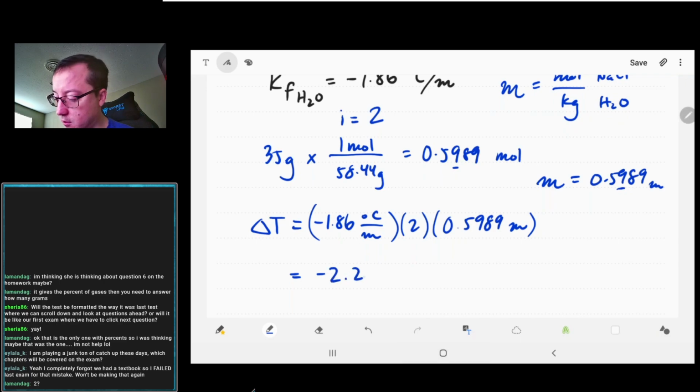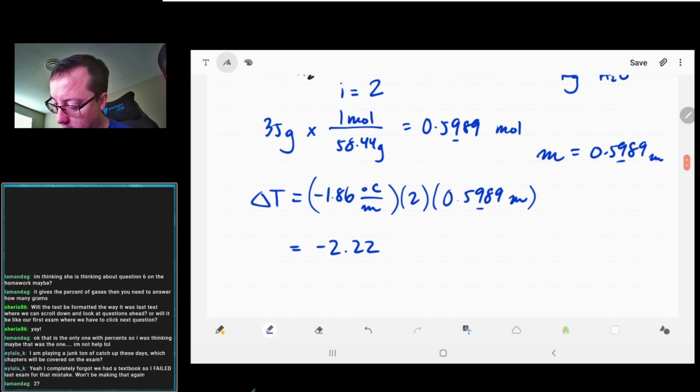equals 2.22. Looks like we have 2 sig figs on that, so we would round this to negative 2.2 degrees Celsius. And remember, since this is water, technically we're subtracting this number by 0 to find the final temperature. I'll just do that.